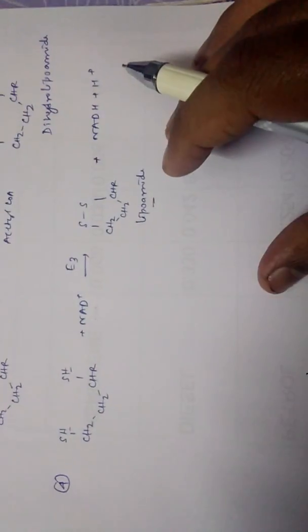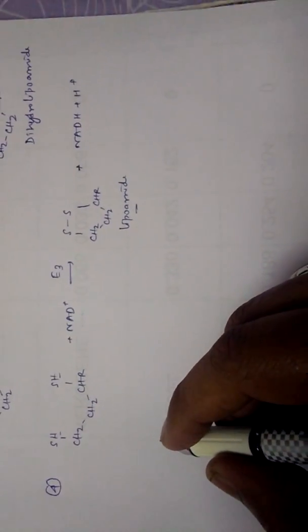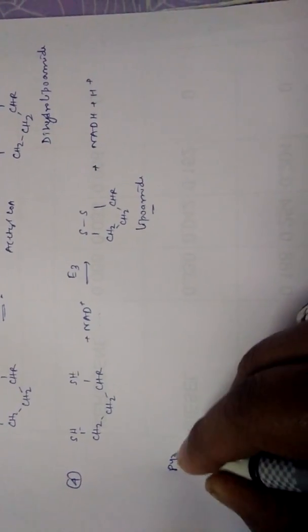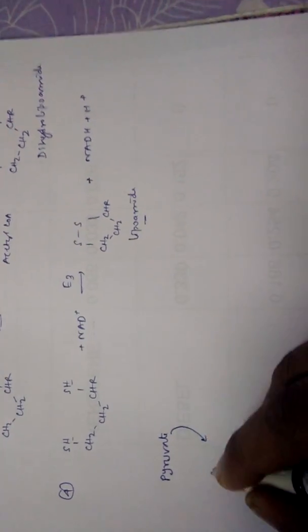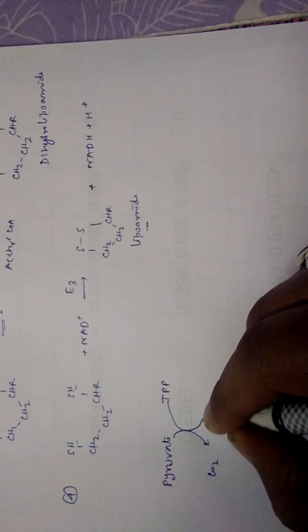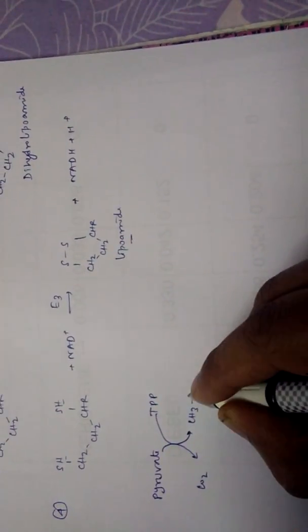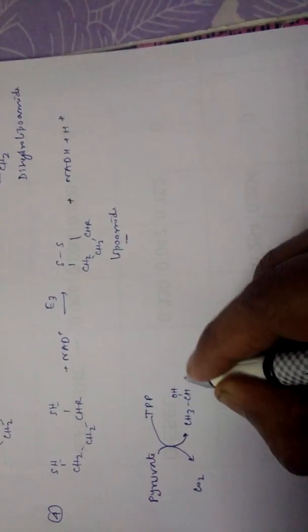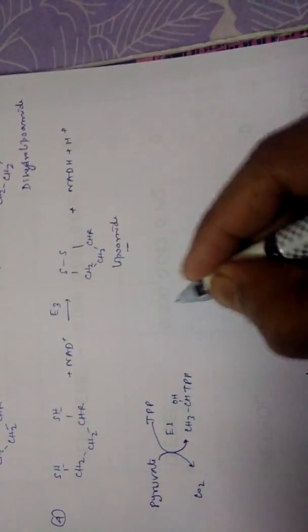So now we have a summary, that is pyruvate. When the pyruvate is getting converted into carbon dioxide, then TPP will be converted to hydroxyethyl TPP, that is CH3CHOH TPP. This reaction is catalyzed by E1 enzyme.